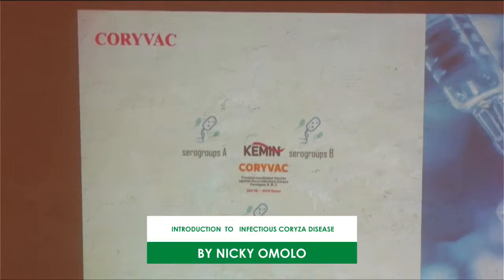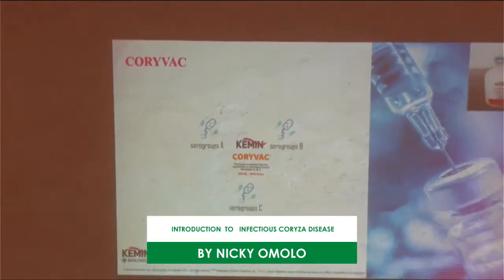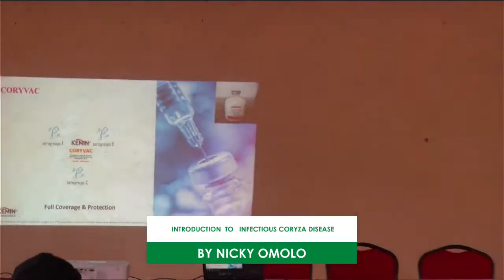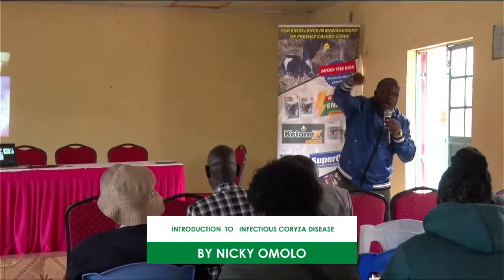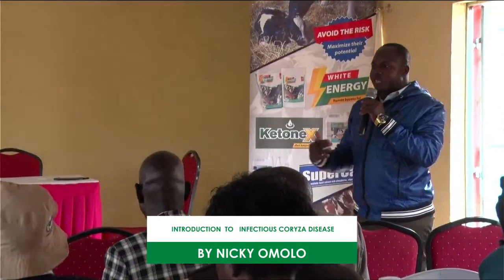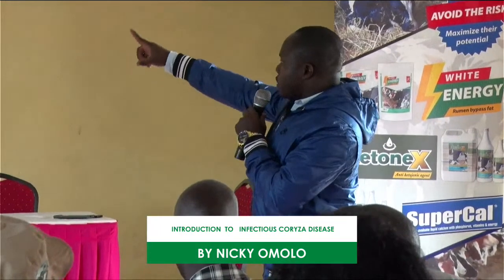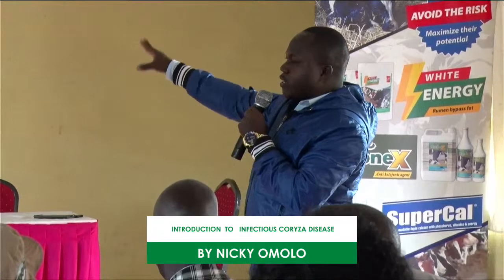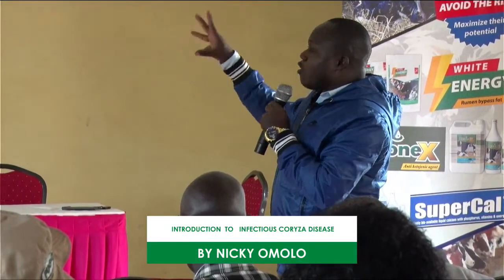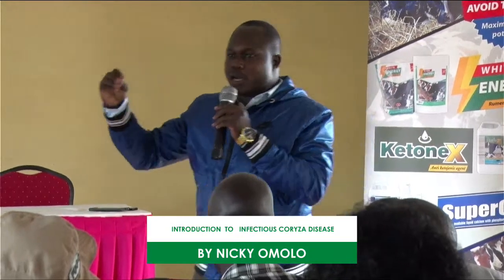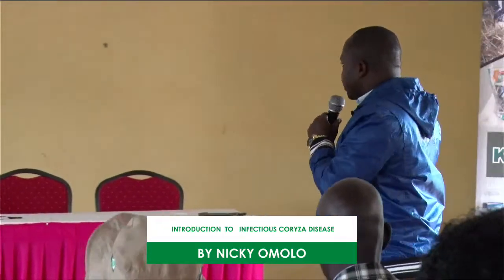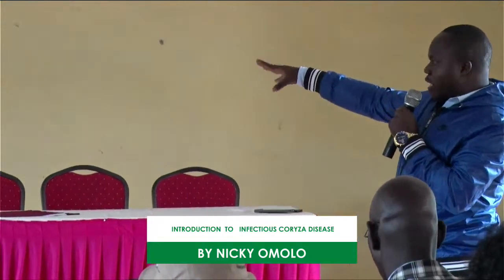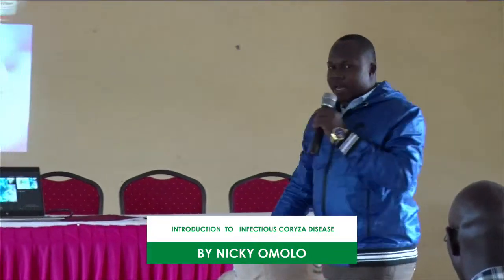So that vaccine contains all of them, the 9 serovars, A, B, and C serotyping, that offers full coverage and protection against infectious coryza within this epidemiological coverage. Talking about Kenya, talking about Eastern Africa, talking about Africa. Okay? So Coryvac was developed specifically targeting those serotypes that offer 100% immune coverage or protection against infectious coryza. So it's called Coryvac, that contains all that's available currently in the market.